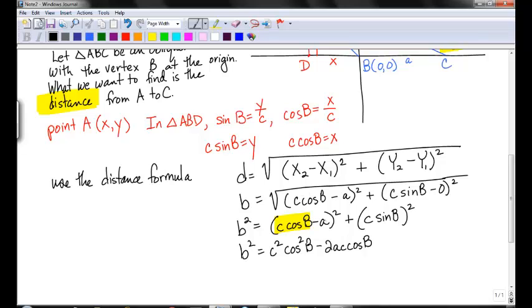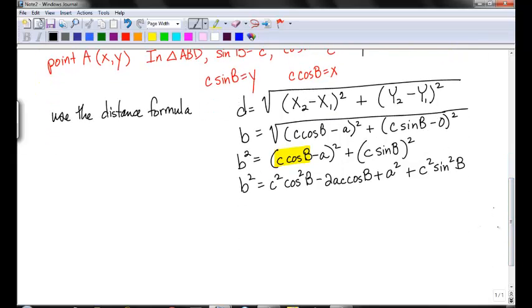Then square the last one, plus a squared. If you can't do it by that shortcut, you actually write it out and FOIL it out. Then plus, now square this one: you square the coefficient, so it'd be c squared, and square the sine, so it'd be sine squared b.